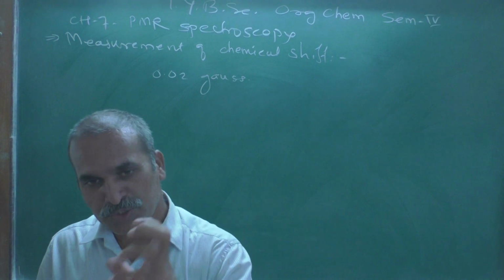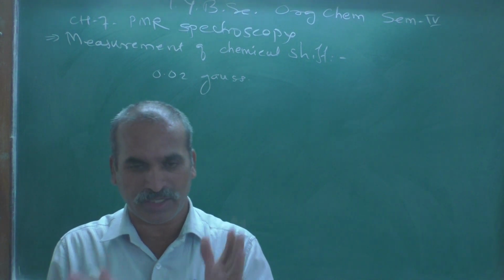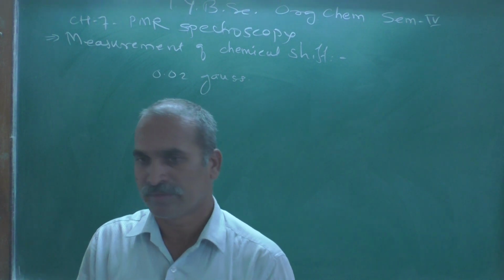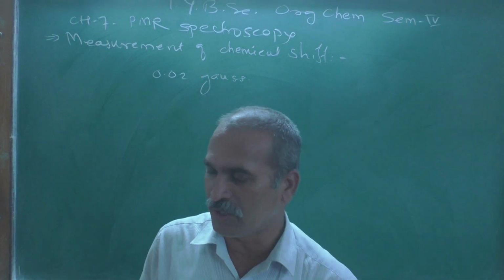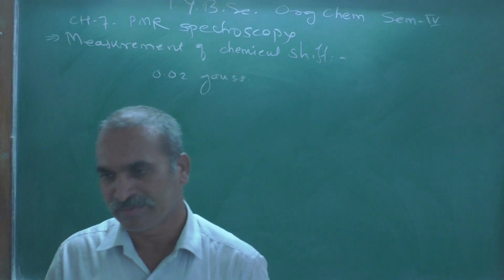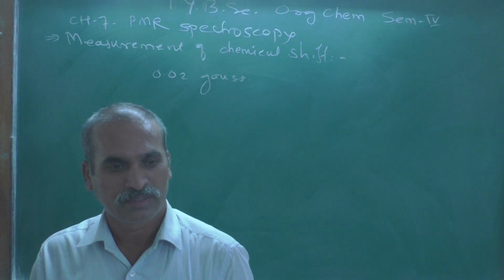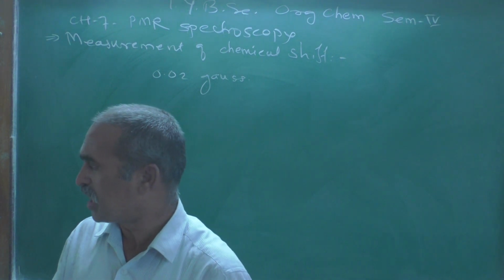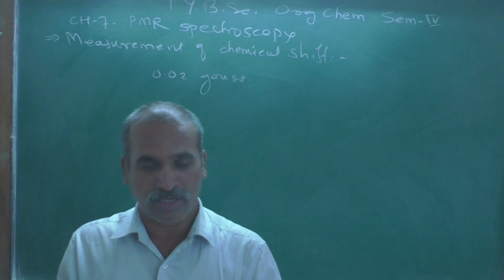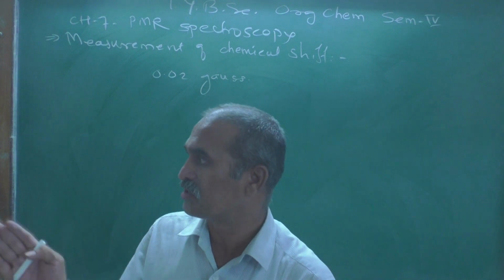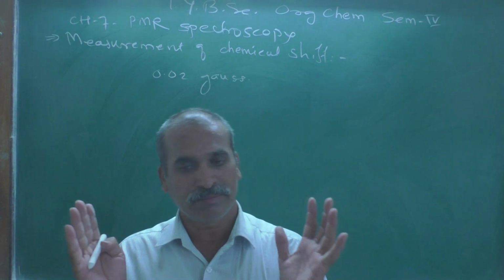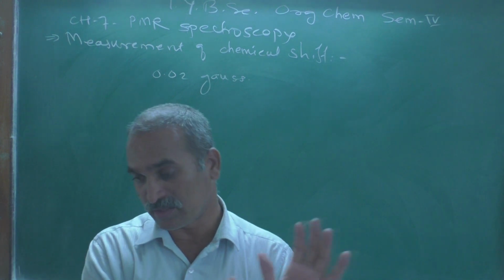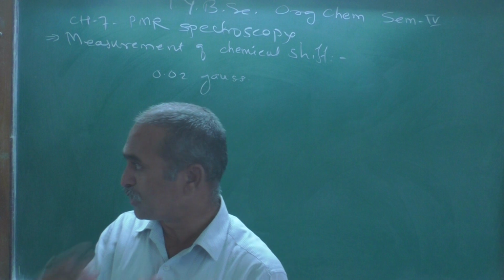The instrument used for the measurement of chemical shift is the NMR spectrophotometer. How this complicated machine works, we already discussed in our introductory part.